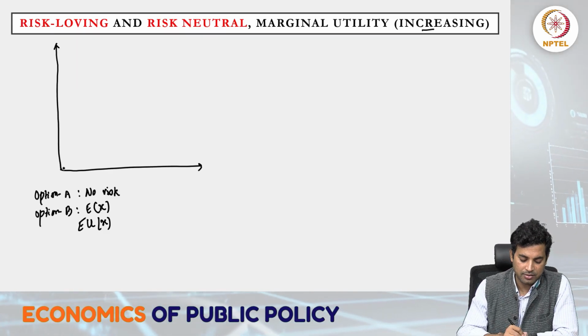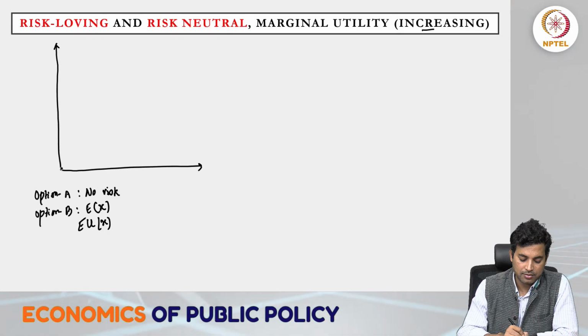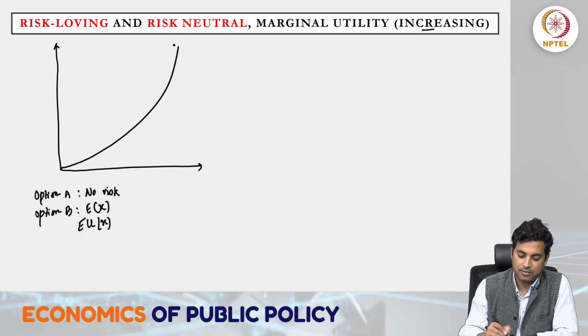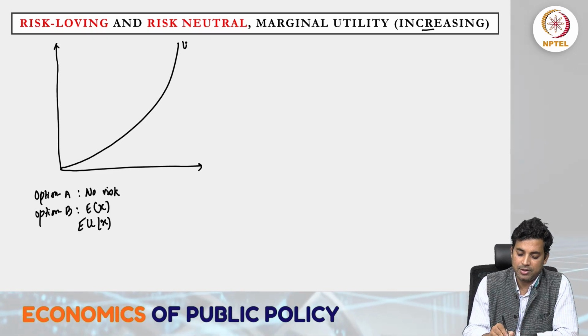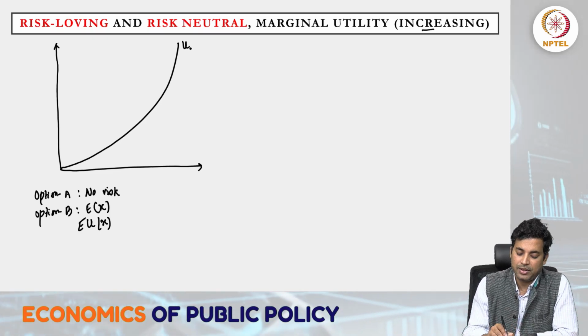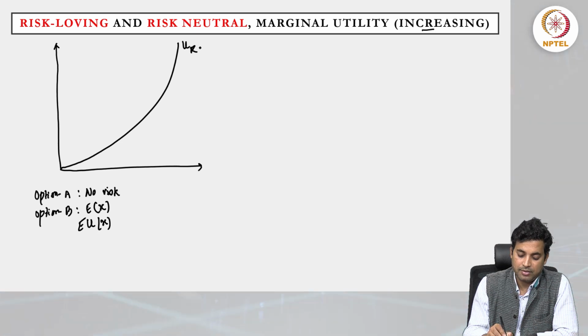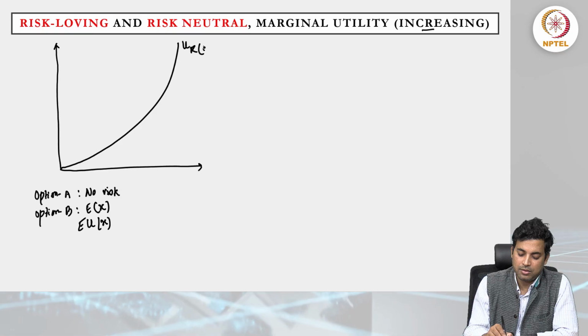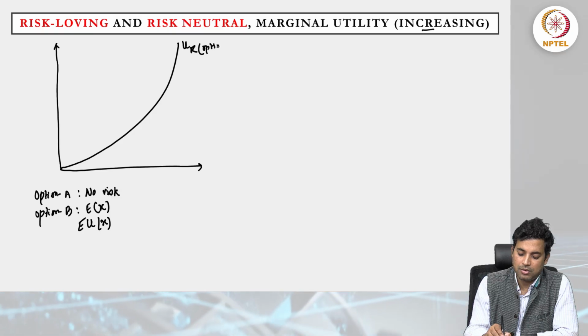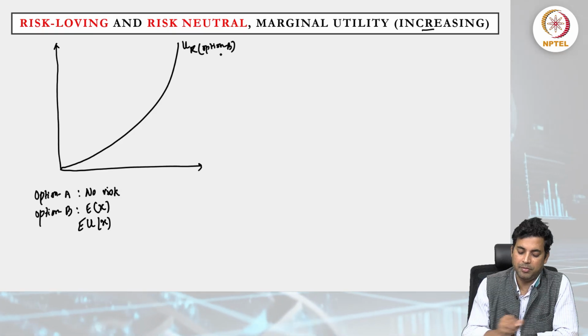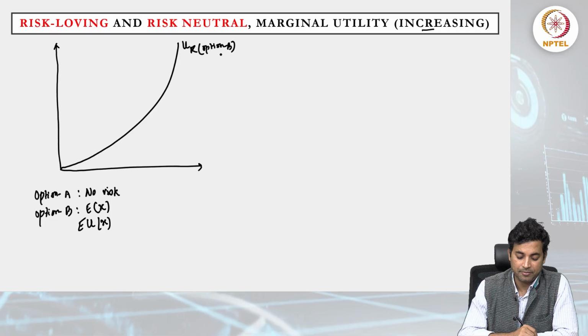So utility, say here is a utility curve with the risk, say for option B in our example.